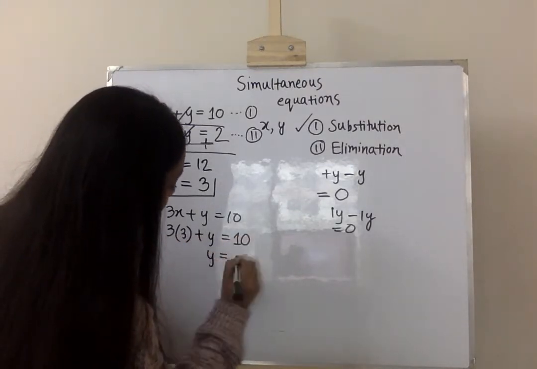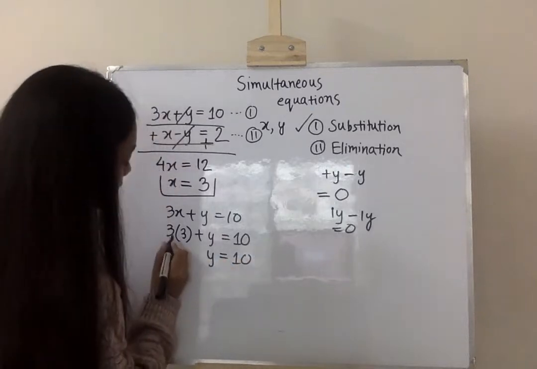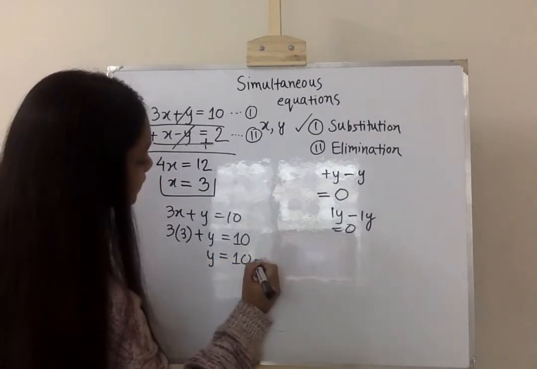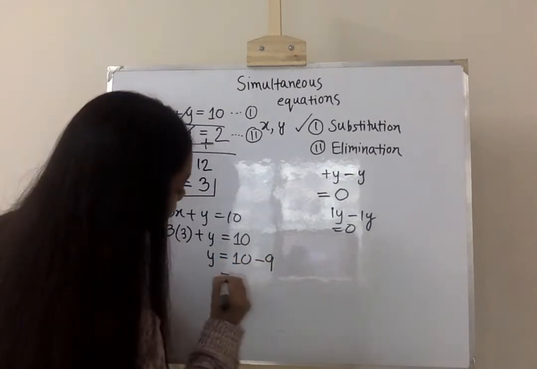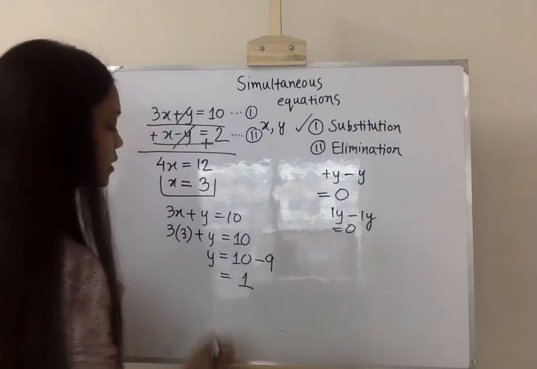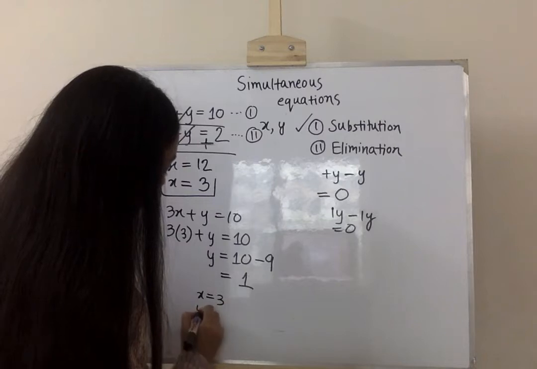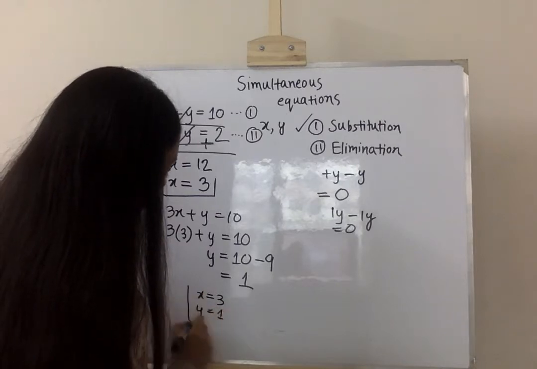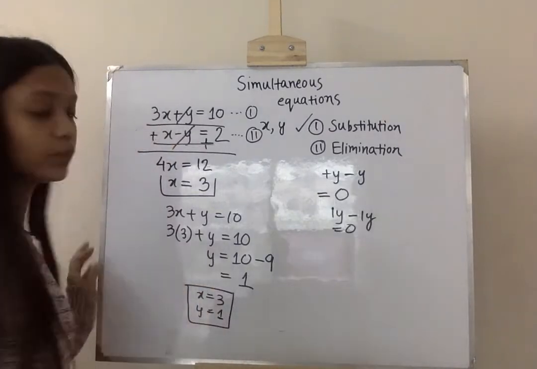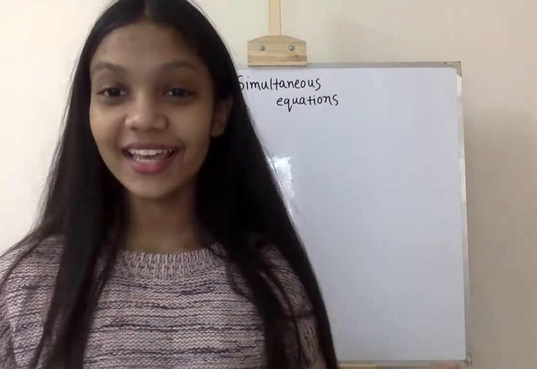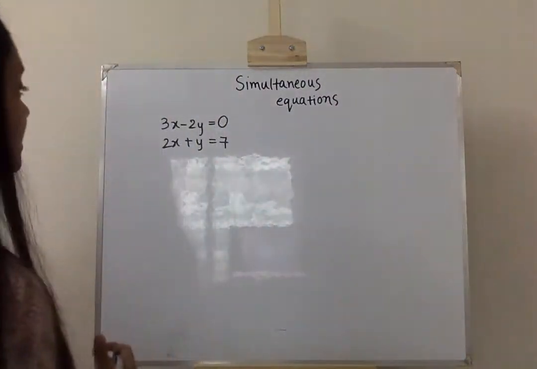Then y is equal to 10 minus 9, since 3 into 3 is 9, which is equal to 1. So we have got x is equal to 3 and y is equal to 1 to be the solution of this equation.